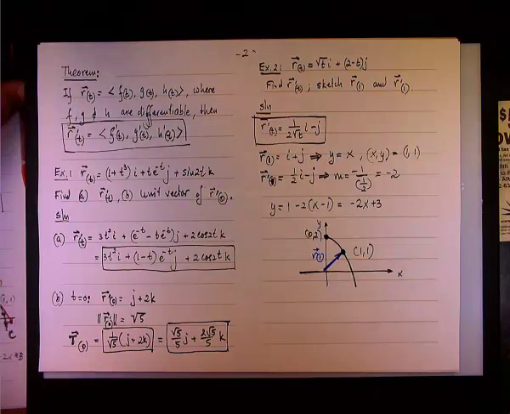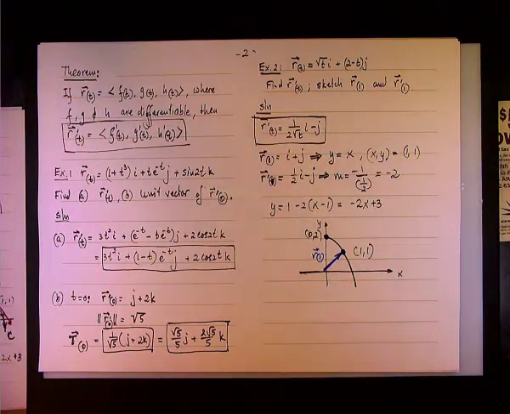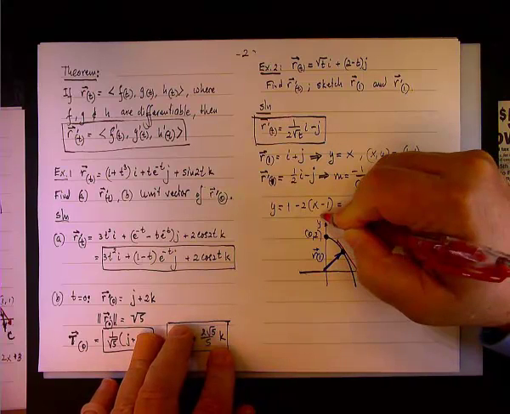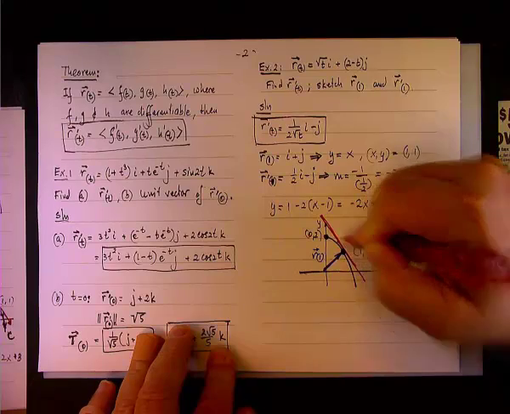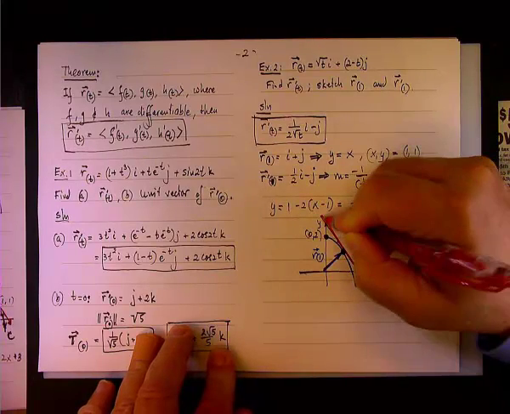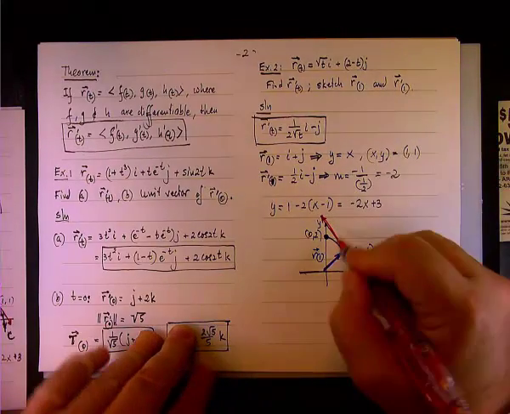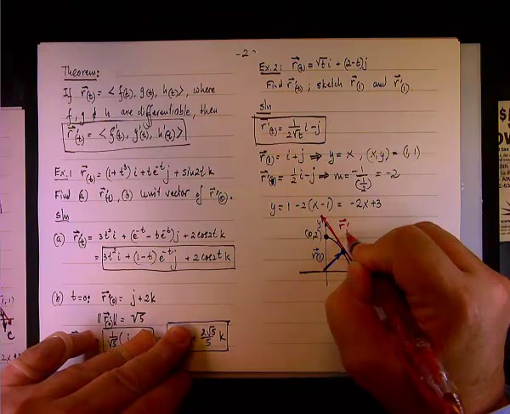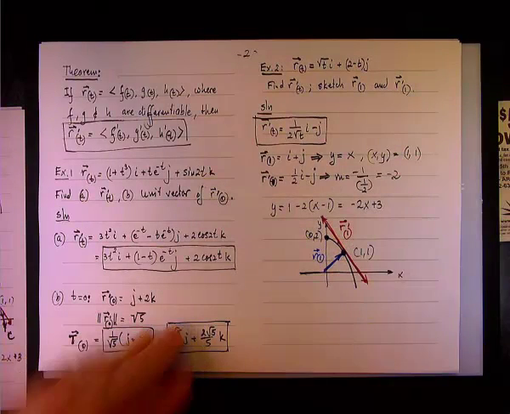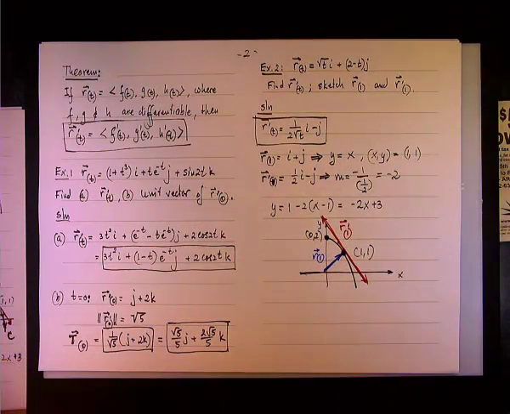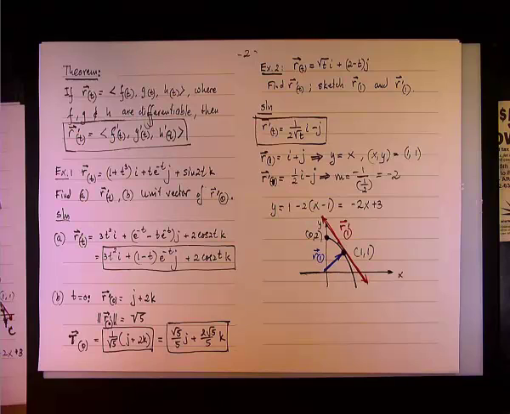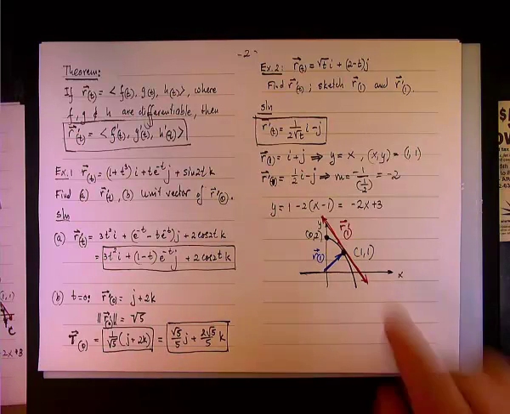And then we have the tangent vector. One question for you guys. Are they perpendicular to each other? The answer is no. They don't have to be perpendicular to each other, because if they were perpendicular to each other, then the radius of the curvature would be at the origin, but the radius of the curvature is not.